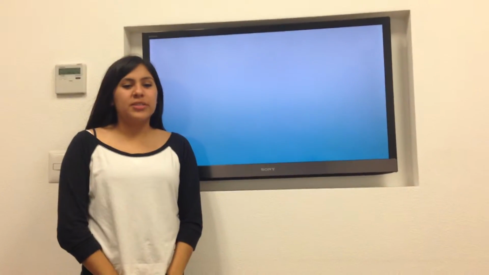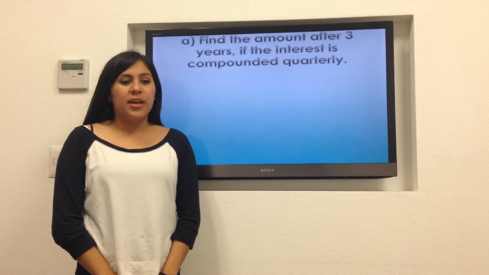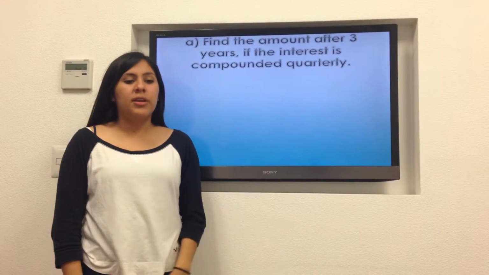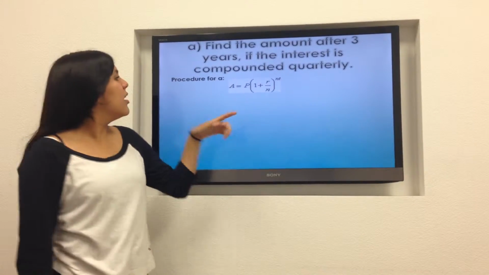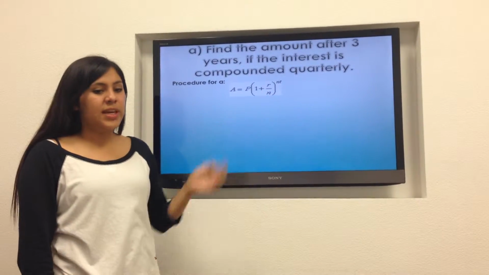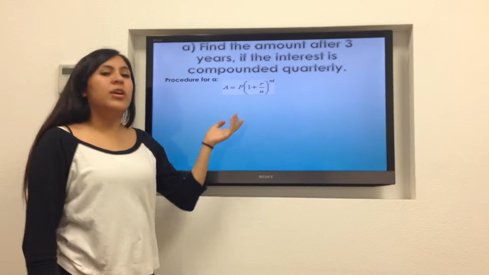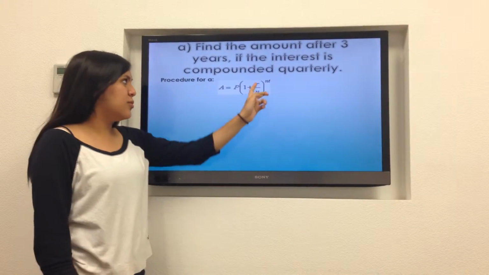The first thing we have to do is find the amount after 3 years if the interest is compounded quarterly. So we substitute into the general equation, A equals P times (1 plus R over N), all of that raised to NT.